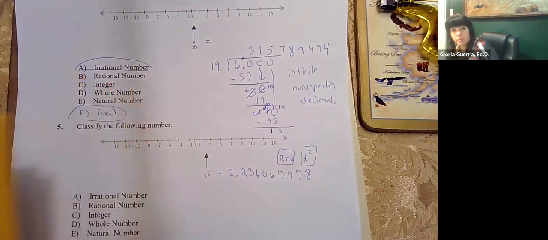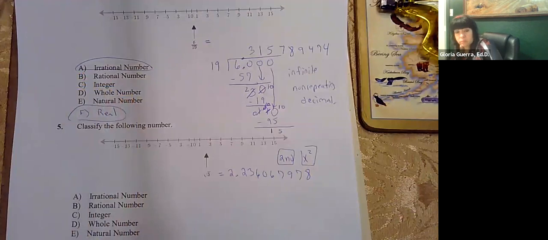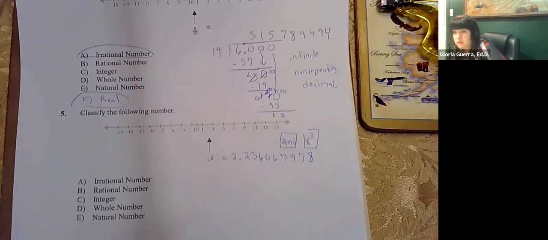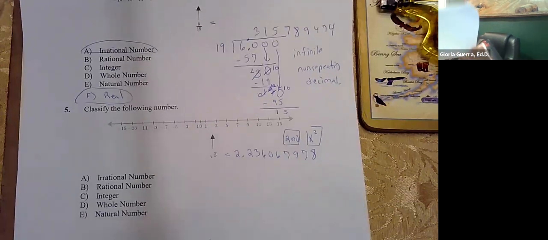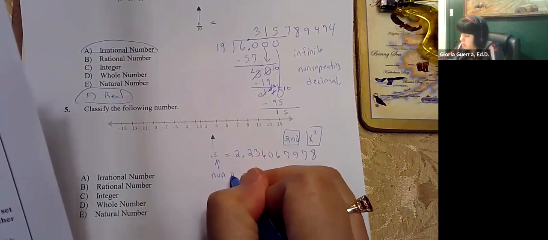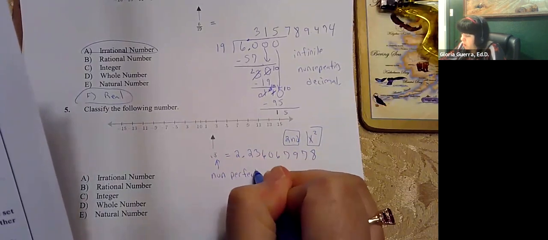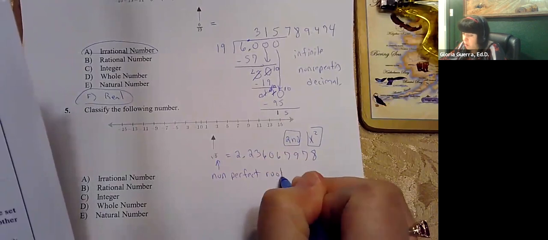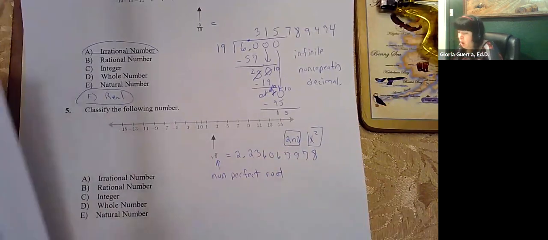2.23606978. And that is what they call a non-perfect root.